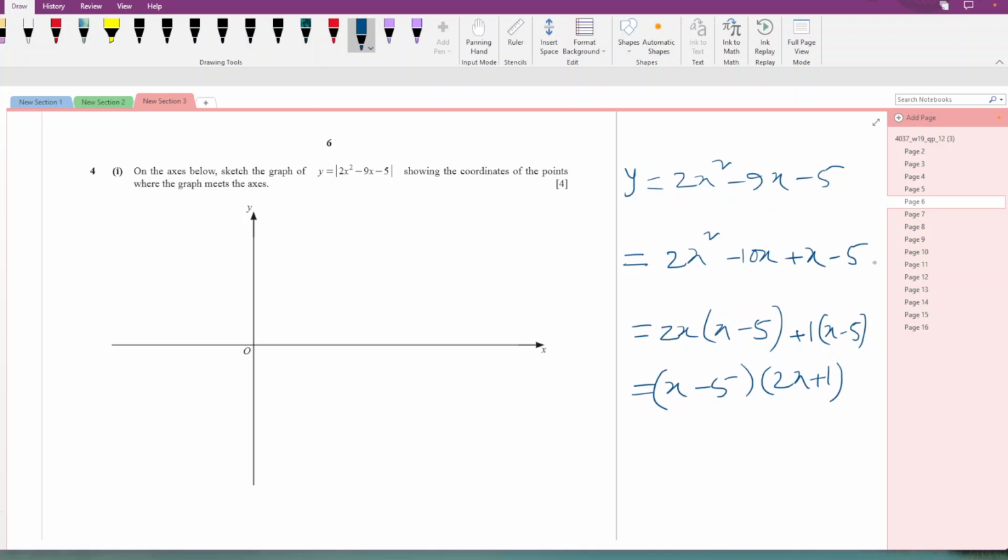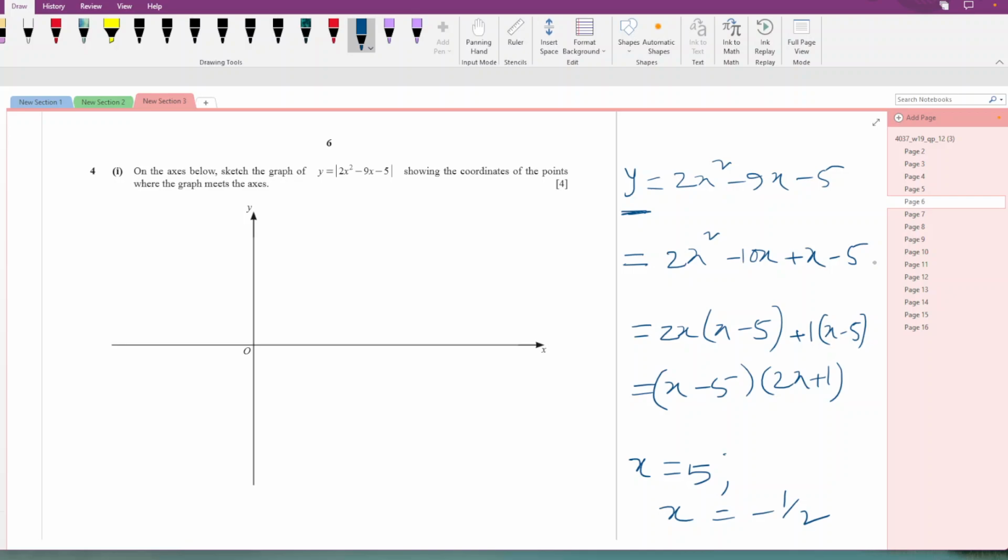If y equals 0, x equals 5 and x equals minus half.